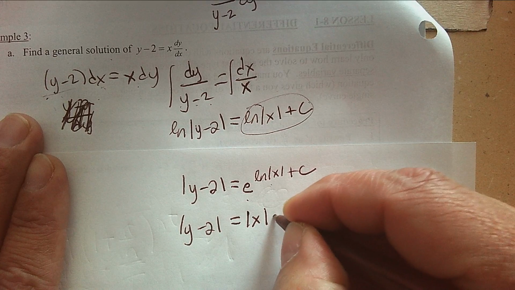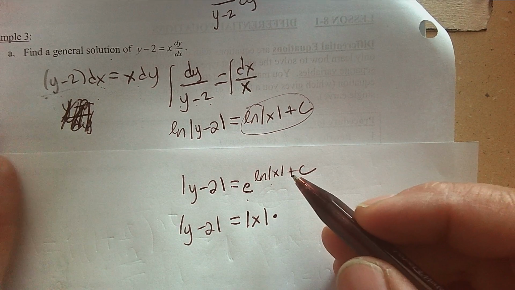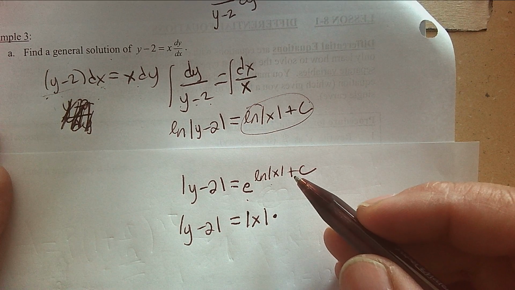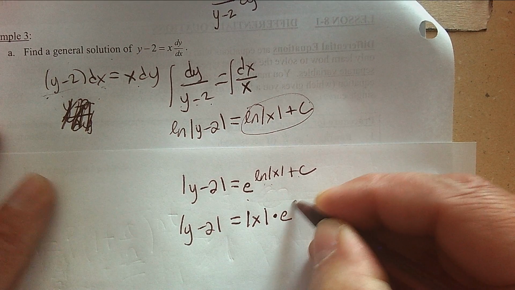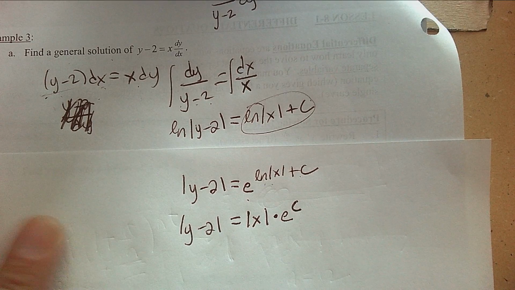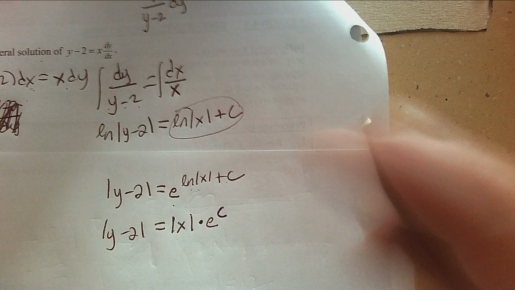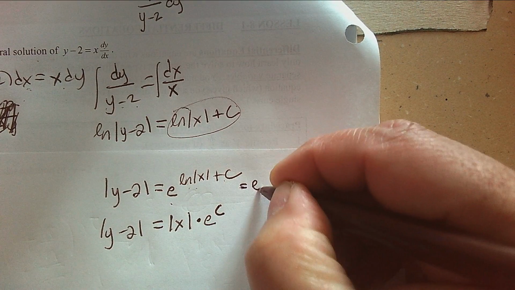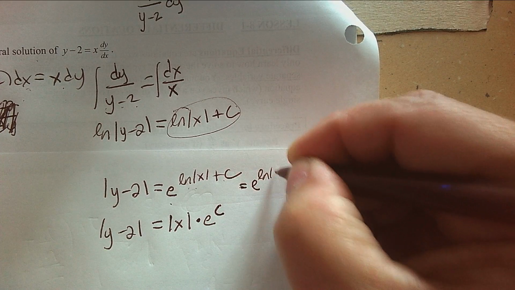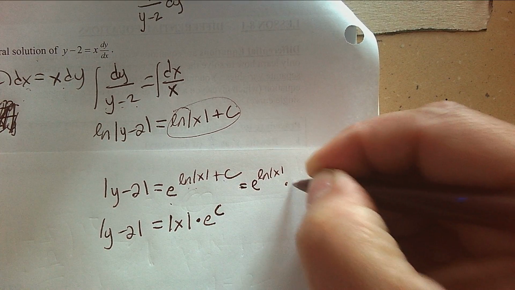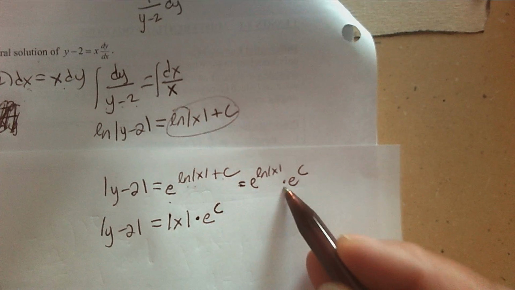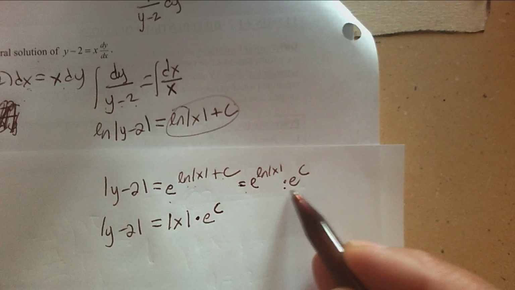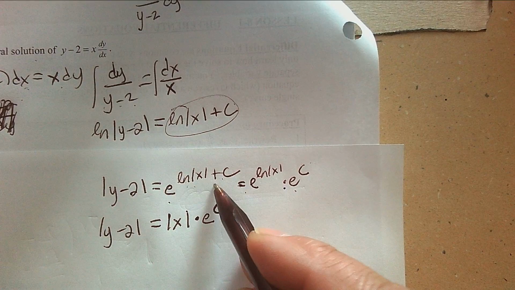So one of the exponent rules is that if you're adding, I can separate that by multiplying. So in other words, I could write this as e to the ln x times e to the c. They're equivalent, because when you multiply and the base is the same, what can you do with the exponents?